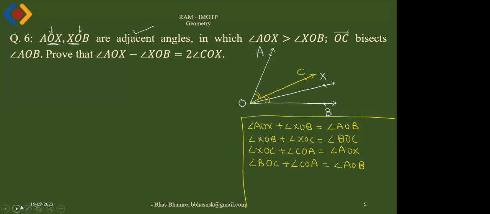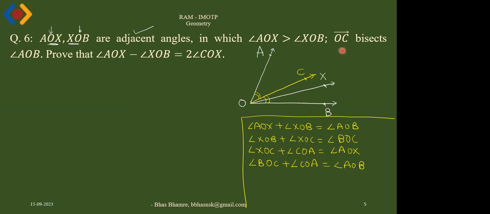Let's check whether we considered all possible pairs of adjacent angles. With XOB, there is XOC, that I wrote. With XOB, there is AOX, that I wrote here. Then with XOC, I have COA, where I wrote this. And then BOC and COA are adjacent, and their summation is angle AOB. So I have written the pairs of adjacent angles.